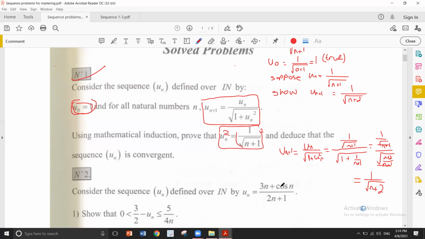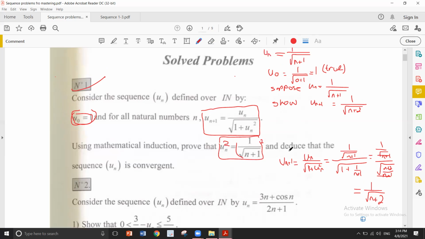First step, the smallest number, true; we show that it is true. Then suppose, then for the n plus 1 step.